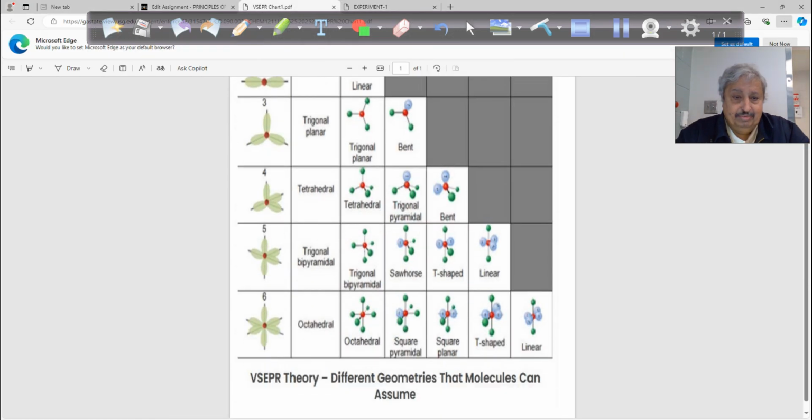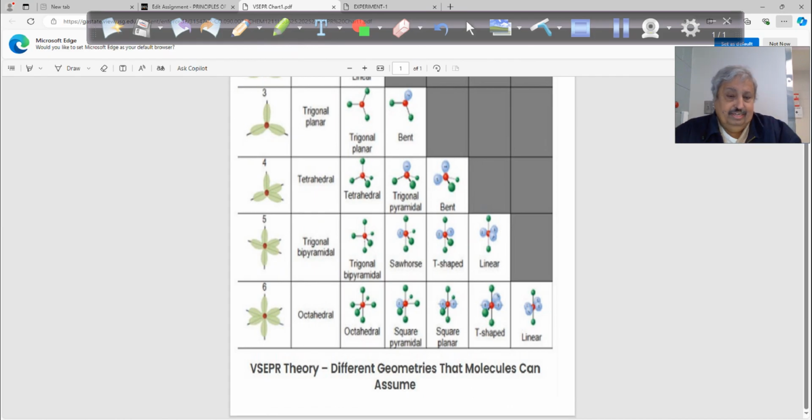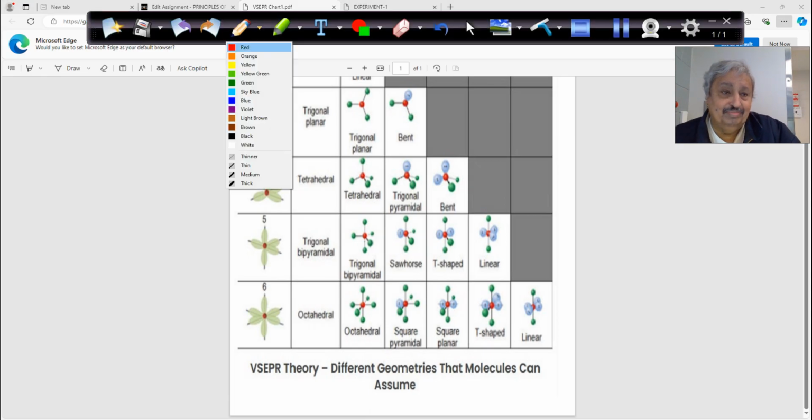We have an octahedral, but this octahedral has 2 sets of lone pair. Where is it?